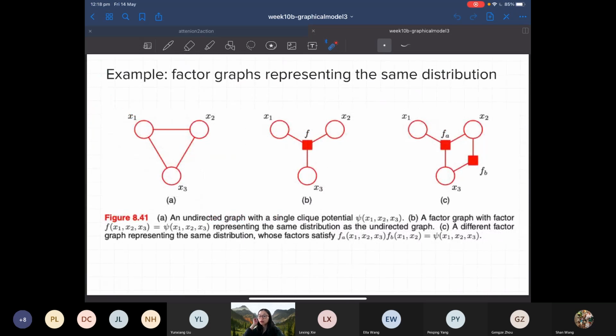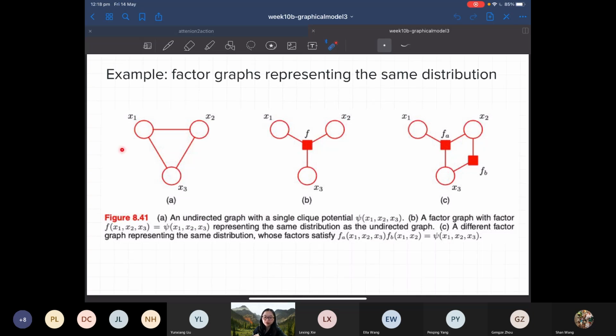And you say, well, it's so flexible. What are the potential downsides and upsides, right? So one directed or undirected graph can, in fact, correspond to multiple valid factor graphs, right?